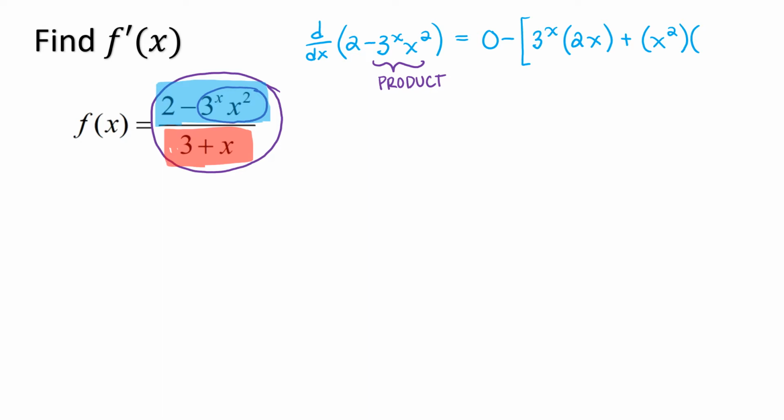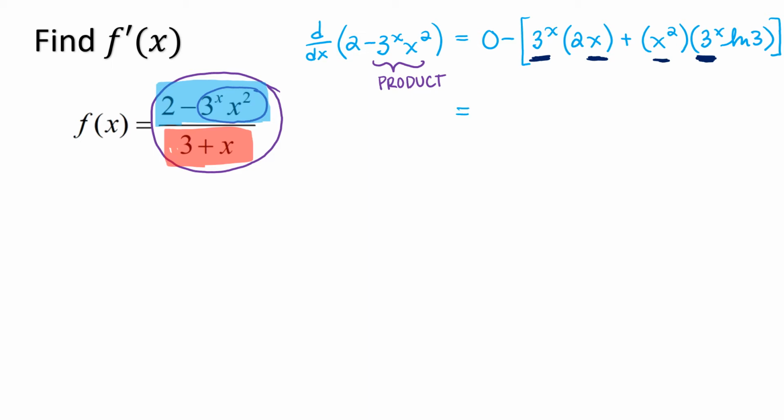The derivative of 3 to the x is 3 to the x ln of 3. And then let's take a moment to factor any common factors between these two terms. So we have a 3 to the x in both terms, and we also have an x. So we can factor out x 3 to the x.